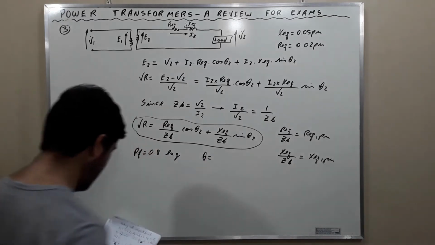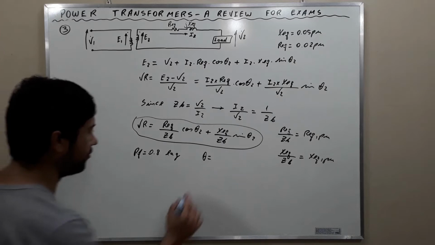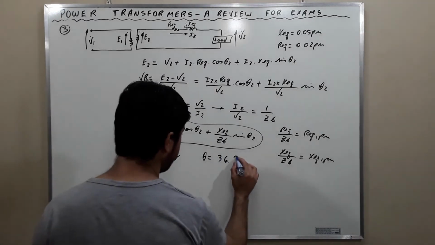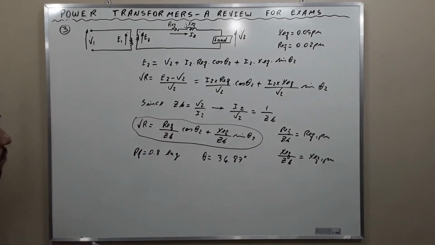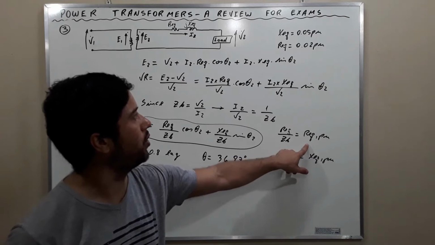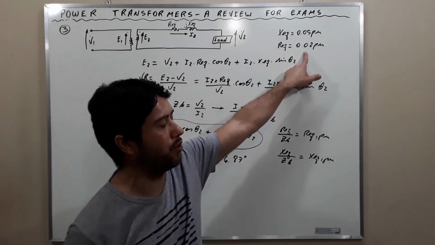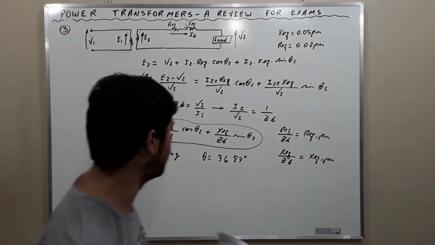The angle is the inverse cosine of the power factor, which is 36.87 degrees. This we know, it is 0.02 per unit. This we know, it is 0.05 per unit.